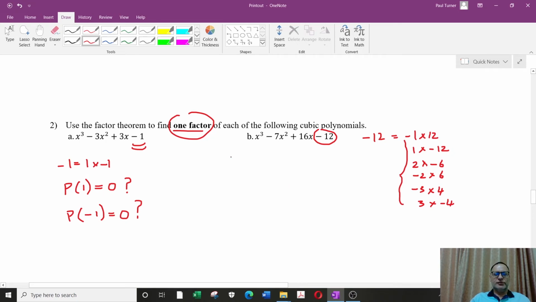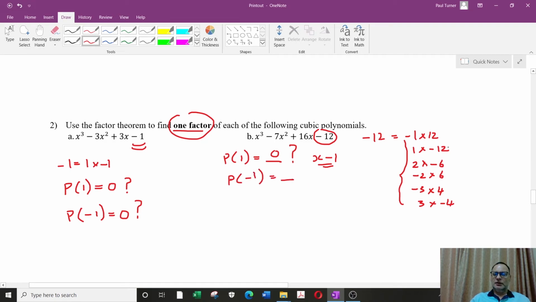I recommend you start with the smallest numbers when you do this. Try 1. Is it 0 or not? That's what we're looking for. If this is 0, then we can say that x minus 1 is a factor. Okay, and then you try minus 1.